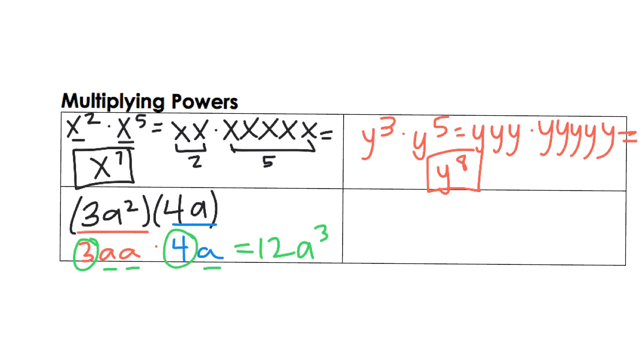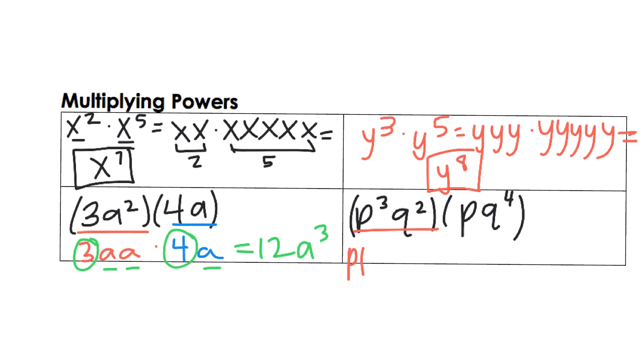Let's do one with 2 variables. So if I have, let's do p to the third times q to the second times p times q to the fourth. So p to the third, q to the second means p times p times p times q times q.